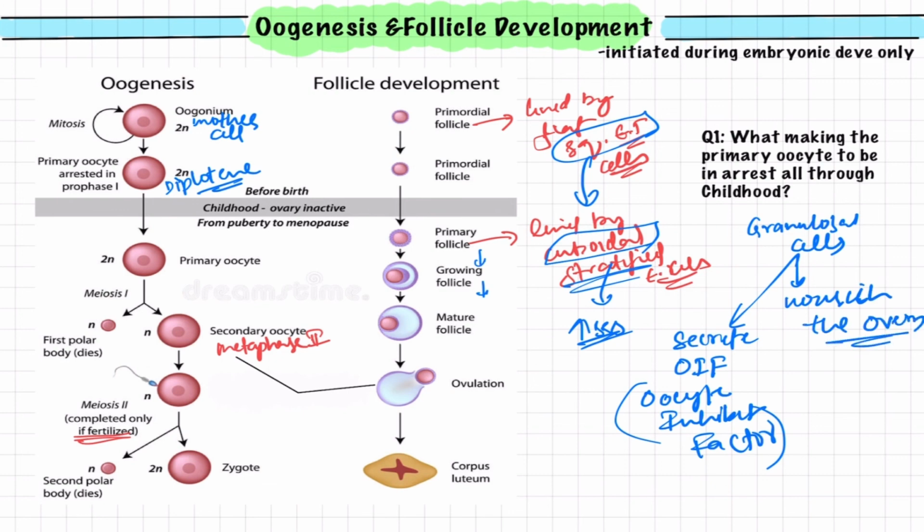So the granulosa cells secreting the oocyte inhibiting factor lead to the inhibition of the primary oocyte from getting converted into the secondary oocyte.